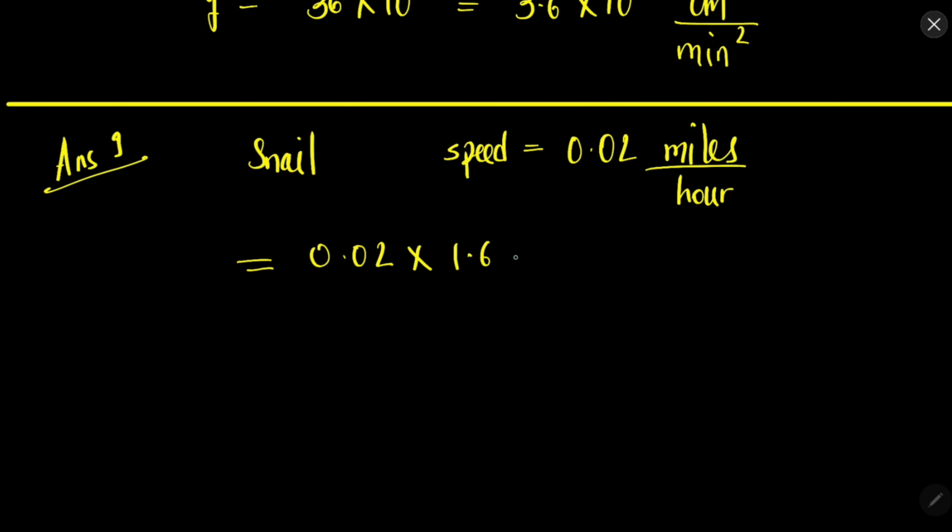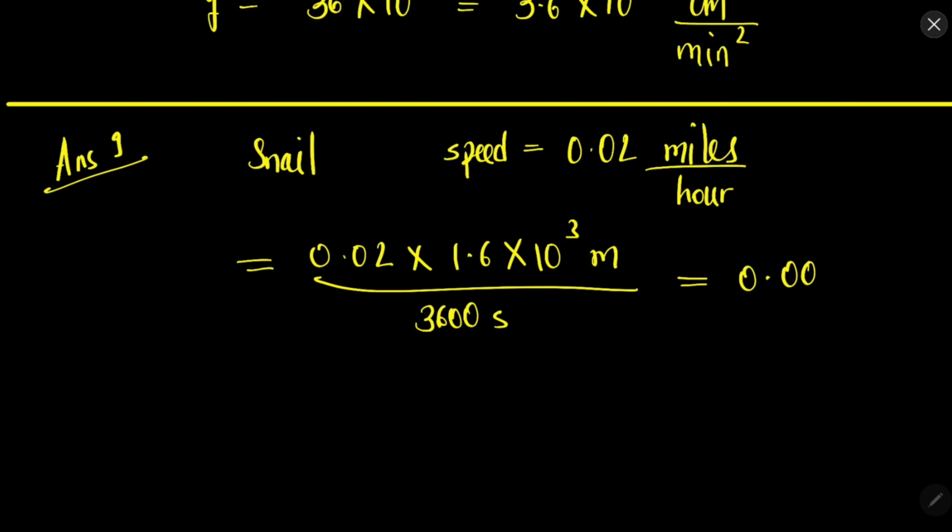So 1 mile is equal to 1.6 into 10 to the power 3 meters. And what is 1 hour equal to? 1 hour is equal to 3600 second. So what we will get after simplification? We will get approximately 0.0089 meter per second after simplification.